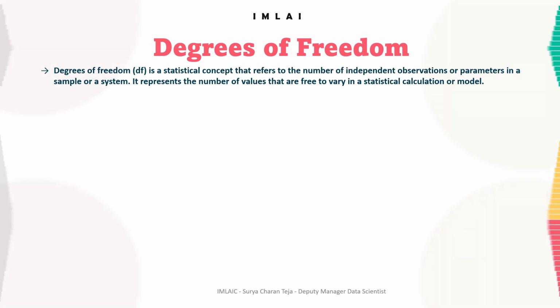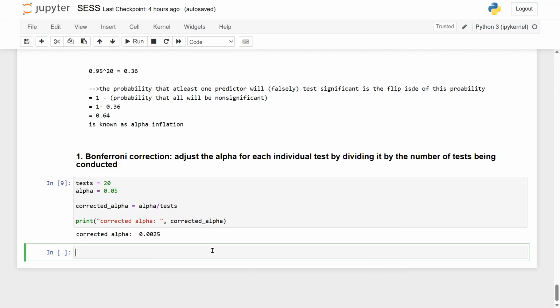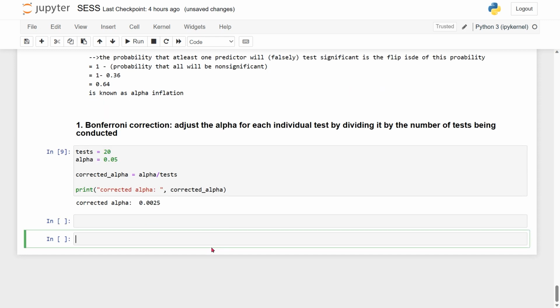Let me write down. Okay, then this is degrees of freedom. In short, we say df. It's nothing but the number of values free to vary.